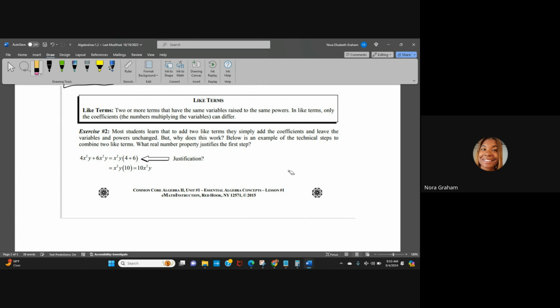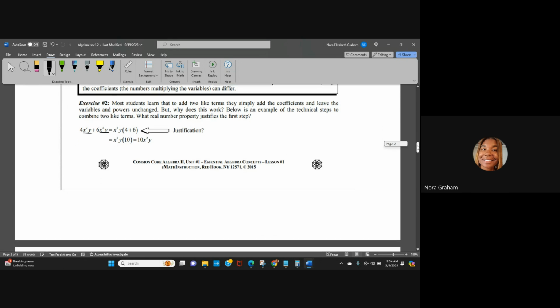And if we just glance at this below for exercise 2, I have 4x squared y plus 6x squared y equals 10x squared y, and they pulled out the 4 and 6 to combine. I could do this because if you look at my 4 as a constant, and these are its variables, they have the same variables, x squared times y, x squared times y. I could combine my coefficients. Okay. So that's pretty simple in that way.